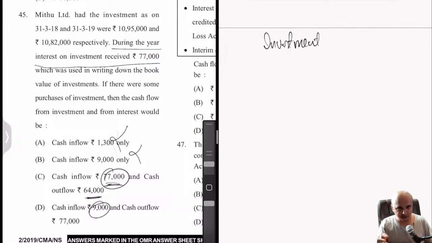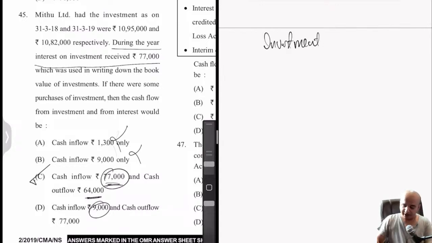We have received that much inflow from investment, so I would simply select option C. That would make our life easier, because sometimes in the exam, you'll have to also look at the options. That will actually reduce the amount of time which you need to solve the questions. So here we can still solve this, but I'm just telling you the shortcuts which you can use in the exam.